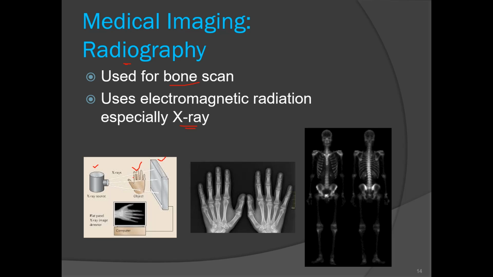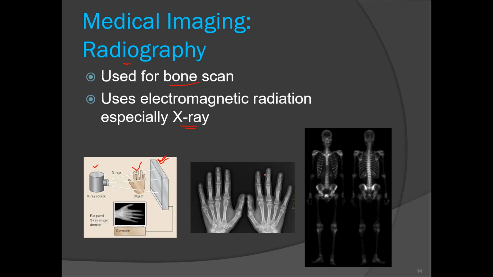Now as per the internal structures of the patient, some of the energy will be absorbed by those internals, and the detector, which will be a sensitive film, collects the energy coming out of the patient's body, and the image will be formed.